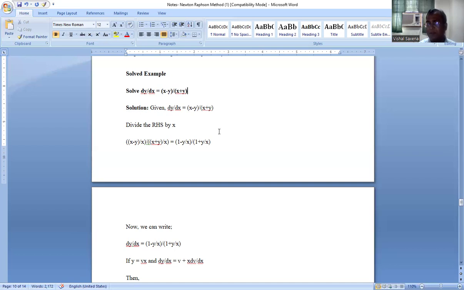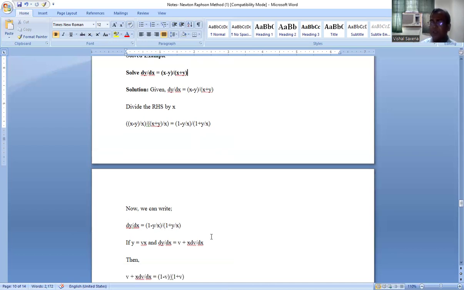If we divide it by x in numerator and denominator, then ultimately the term reduces to 1 minus y by x upon 1 plus y upon x. So dy by dx equals 1 minus y upon x upon 1 plus y upon x. This is again a term showing that this equation is a homogeneous differential equation. Now we apply the general procedure to solve this equation.